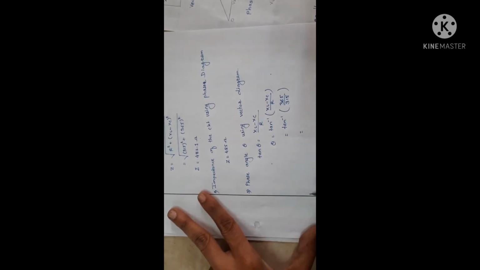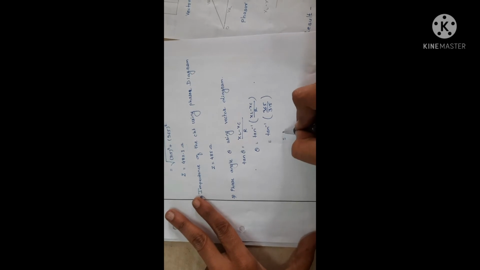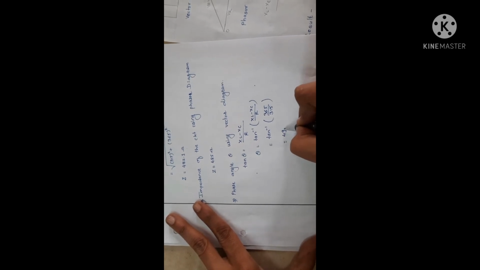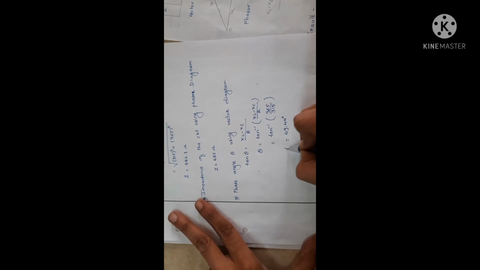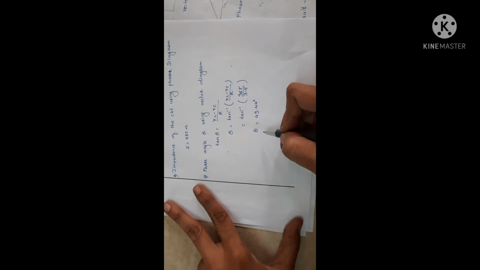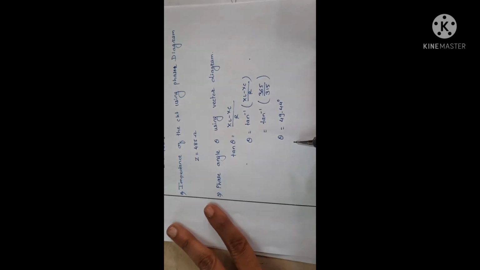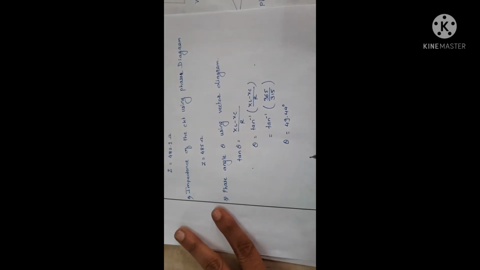After calculating, I am getting theta equal to 49.44 degrees. This is the phase angle using the vector diagram.